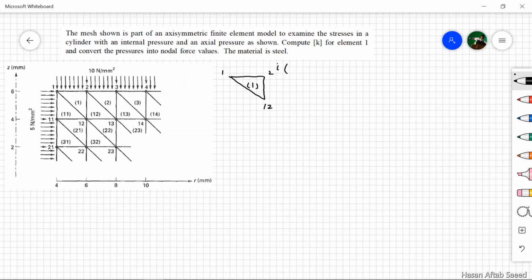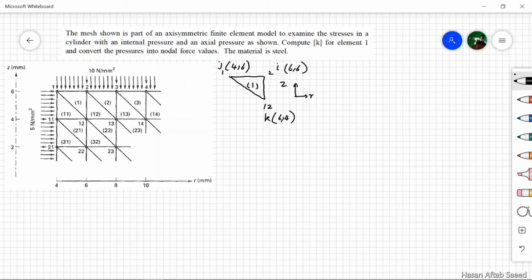Its coordinates are 6 and 6. Then the J node will be node number 1, with coordinates 4 and 6, and the K node will have coordinates of 6 and 4. Again, this is R, this is Z, as shown on the figure also.